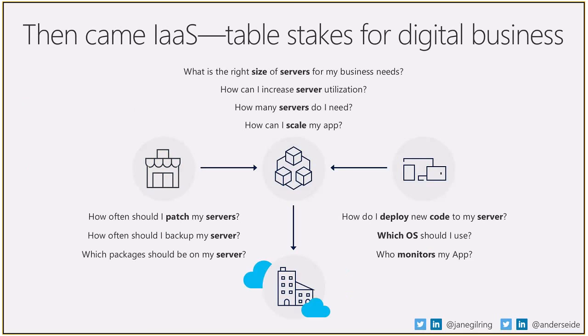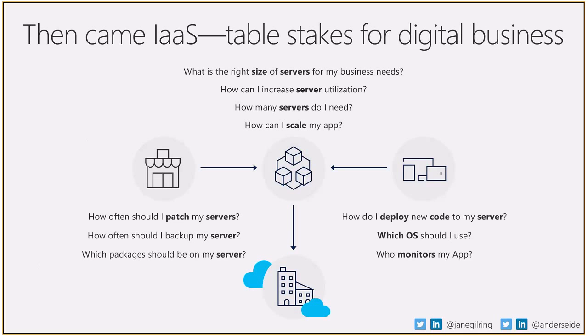Yeah, and then infrastructure as a service came, which kind of helped us. We didn't have to think so much about physical infrastructure anymore, like networking and backup and so on. Now we can just go to the cloud or a service provider and order an okay-sized server.